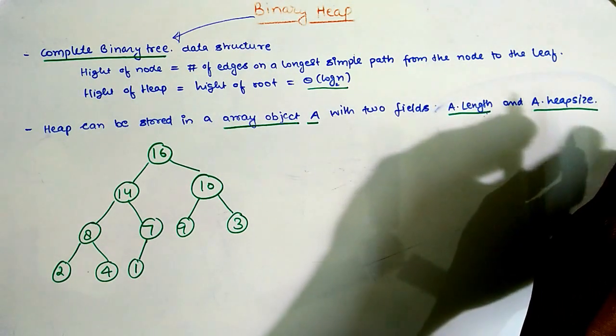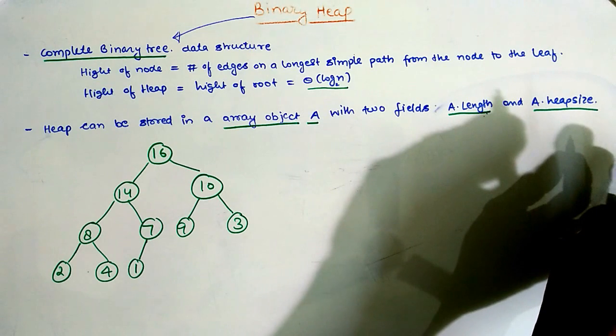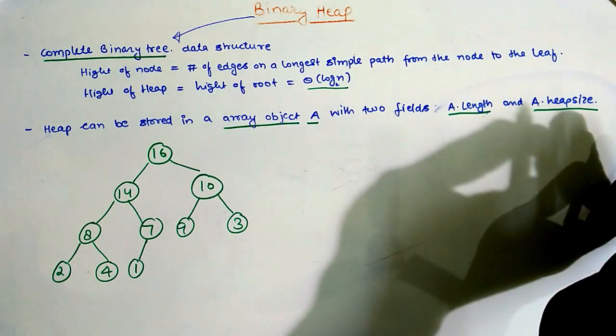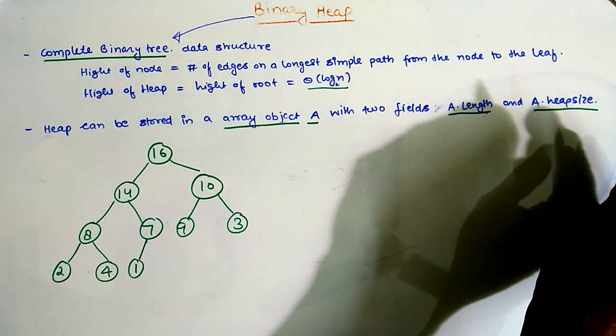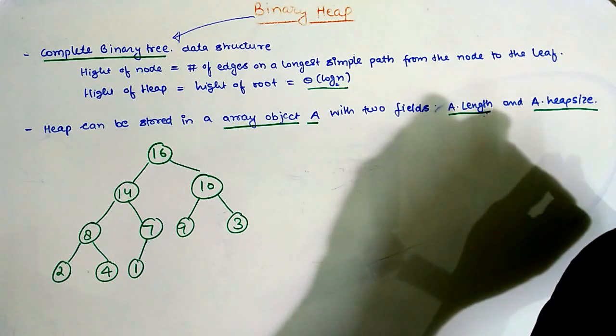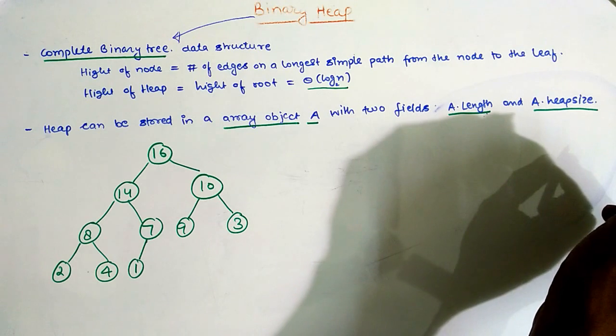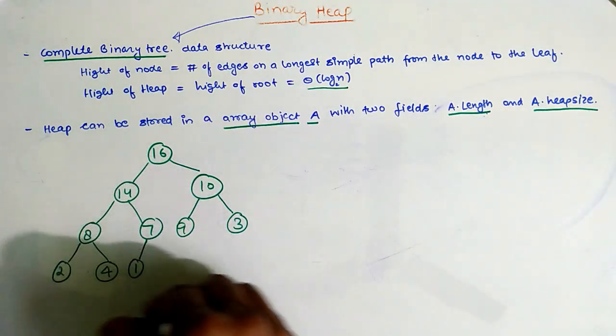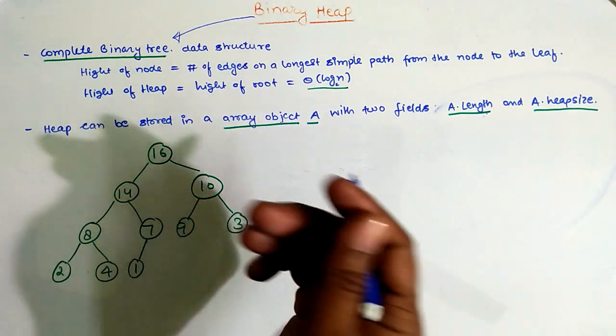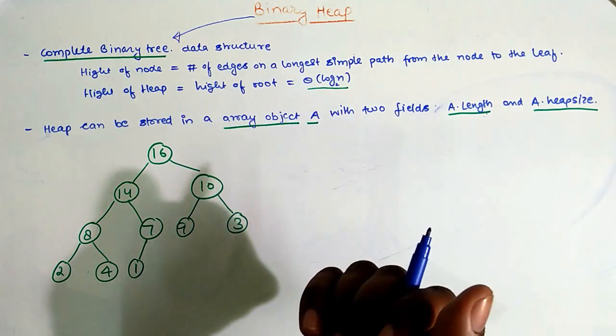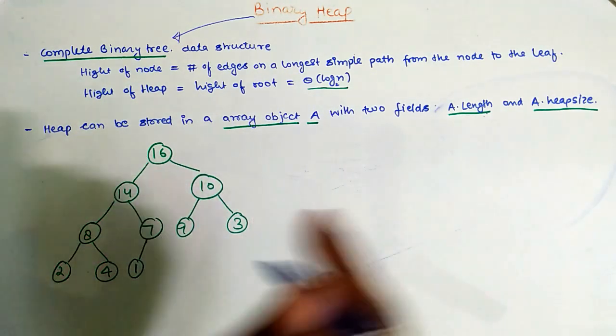We will see what the heap properties are in some time. Now let's see how we store this complete binary tree in an array, and how we can access the elements from that array.